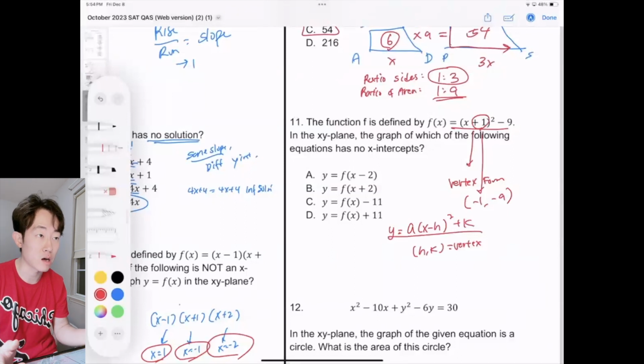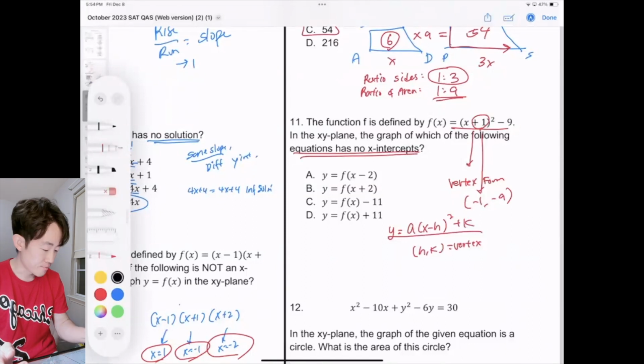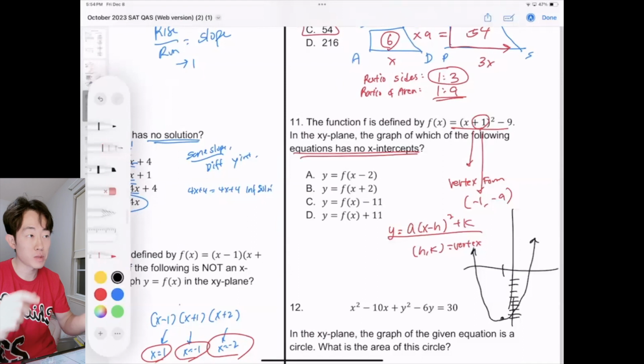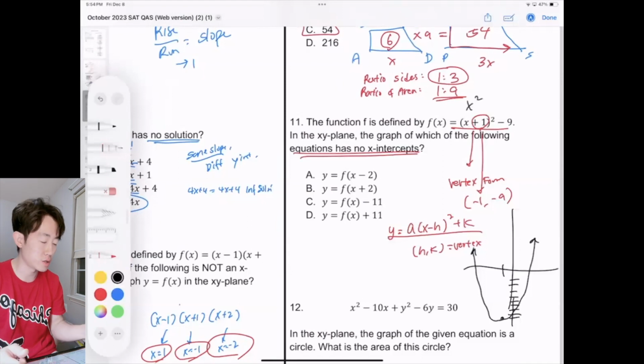So what's the big deal now? I want an equation that has no x-intercepts, okay? Again, to give you a little bit of a visual, that's (-1, -9), and it's going to be a concave up graph because it's a positive x squared when you FOIL this out.